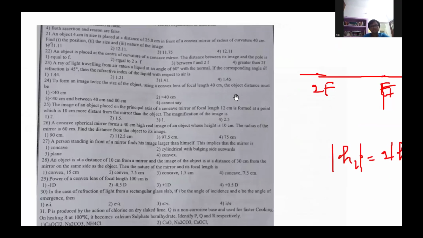Using a convex lens of focal length 40 centimeter, the focal length is positive. Clear? F is 40, so 2F is 80.